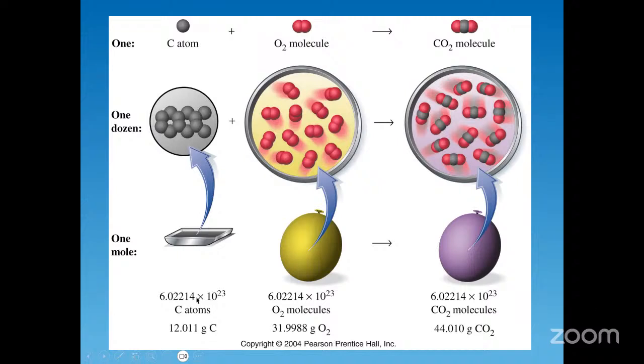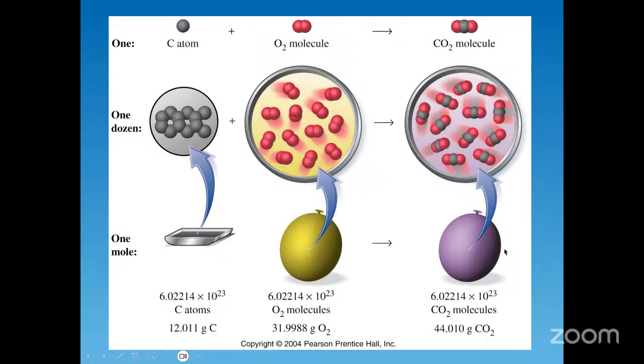So basically what we're saying here is that while it is true that one atom of carbon will react with one molecule of oxygen to form one carbon dioxide molecule, it is also true that 1 mole of carbon will react with 1 mole of oxygen to form 1 mole of carbon dioxide.